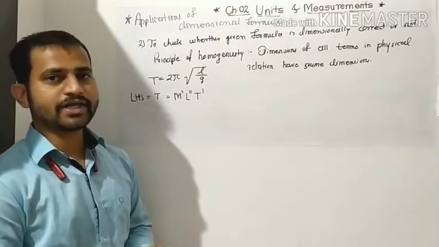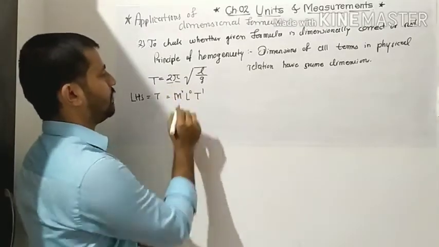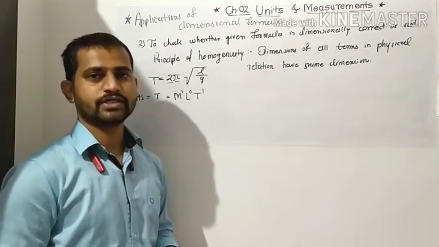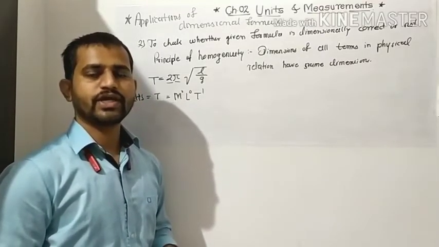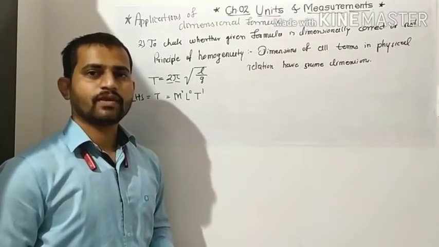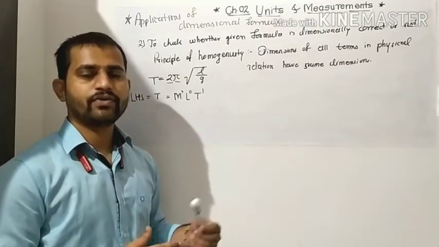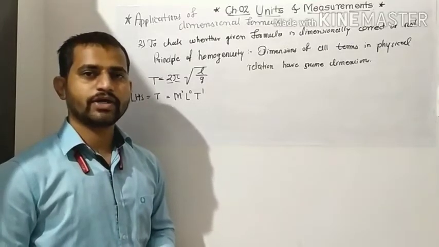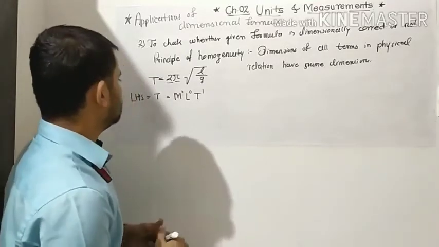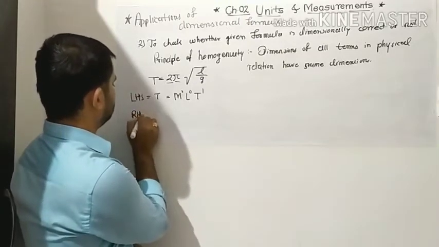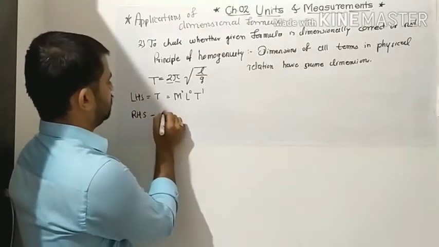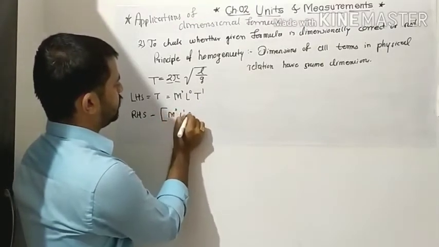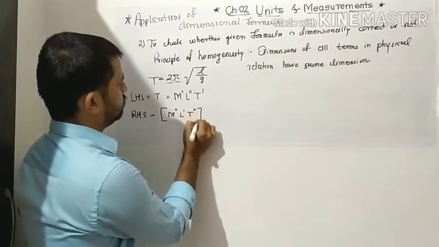In case of the RHS, the two terms 2 and pi are constant terms, that is, dimensionless terms. There is no dimension for these constant terms, so we don't have to go for them. We will go directly for our fundamental quantities. So in the RHS, for the length, it is M raised to 0, L raised to 1, T raised to 0, raised to half.